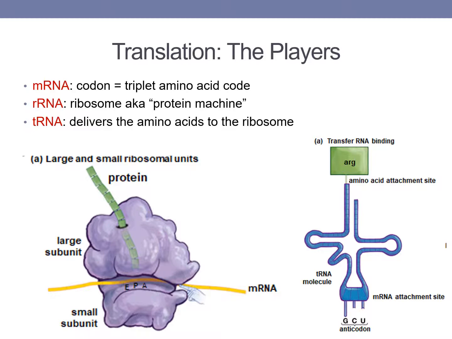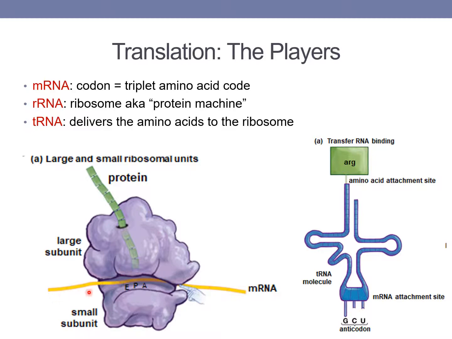And so the transfer RNA is responsible for linking those amino acids together, actually forming the peptide bonds between the amino acids. Remember, in ribosomes, there is a large subunit as well as a small subunit, and these subunits come together to make the full ribosome.